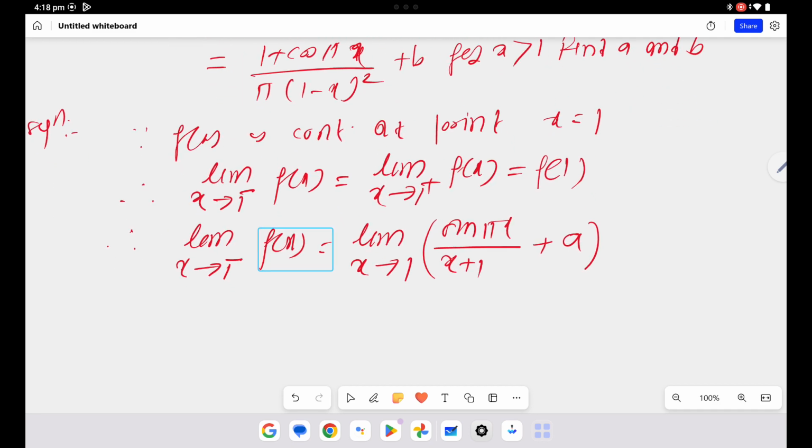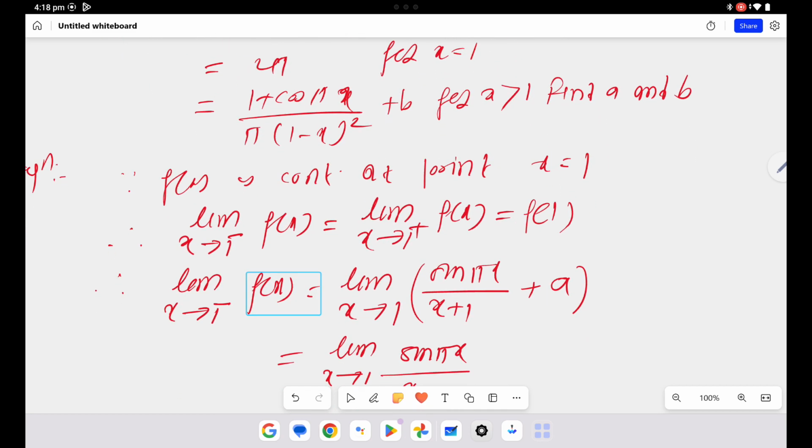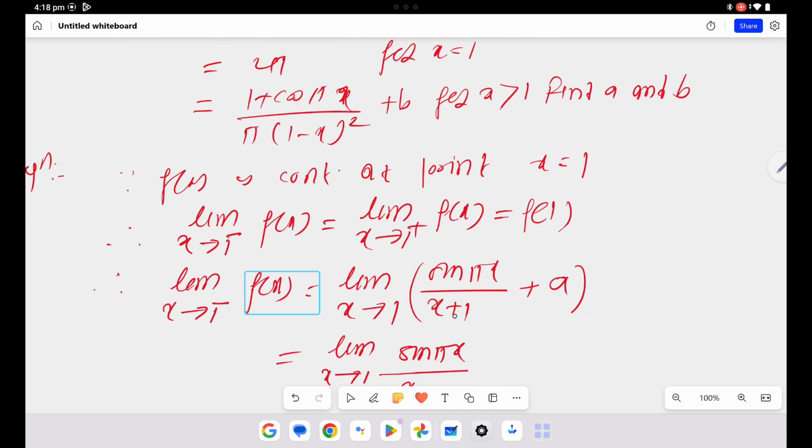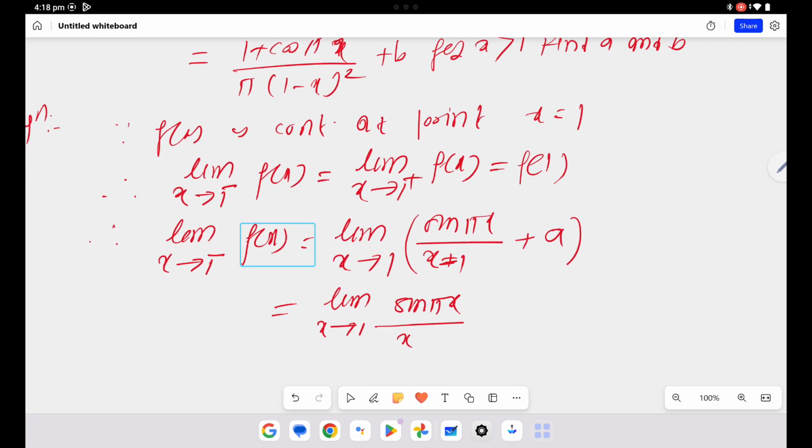Then we evaluate this limit, which is equal to the limit as x tends to 1 of sin pi x upon x minus 1, plus a.